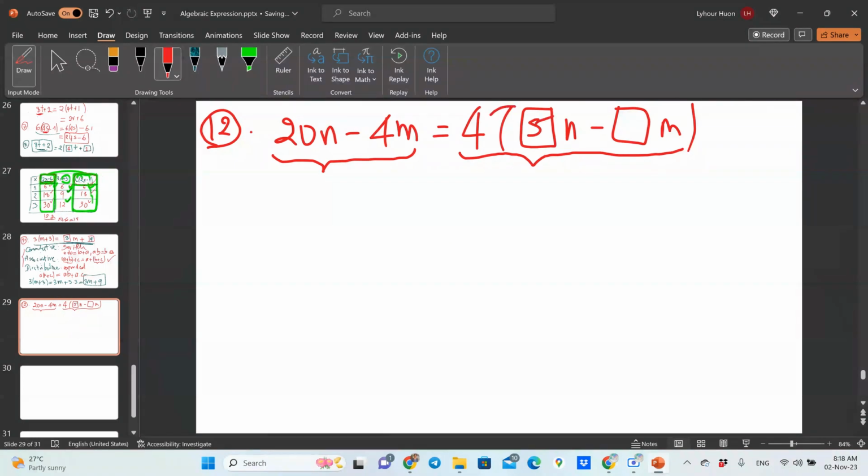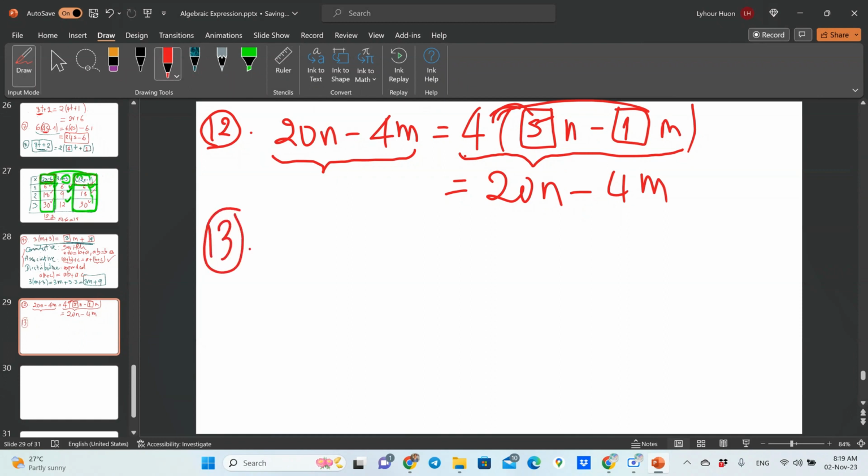If you distribute back, 4 times 5n will be 20n, minus 4 times 1m, which is 4m. That's a quick answer from you. This is very nice.